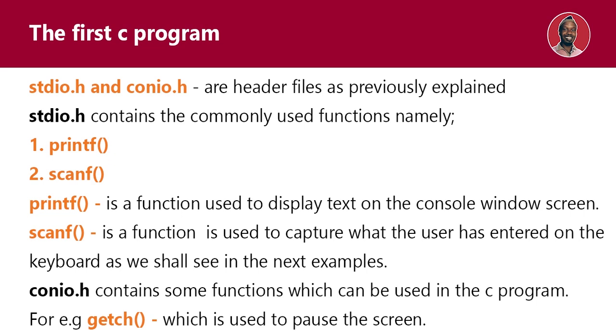And whenever you see a function written in that format, that simply means a function call, or it means that the function that was previously created should be executed. That's what that format of a function means. So the printf function is used to display text on the console window screen, and the scanf function is used to capture what the user has entered on the keyboard, as we shall see in the next examples.